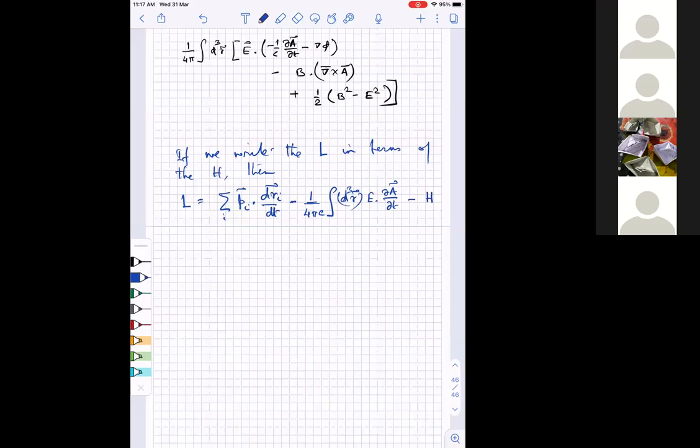So this is how we can write down the Lagrangian in terms of the Hamiltonian.